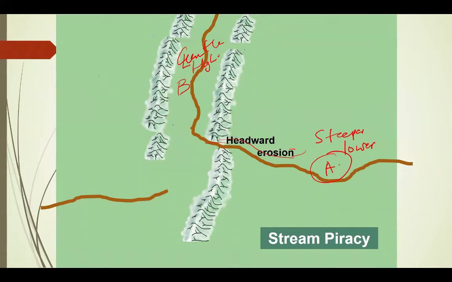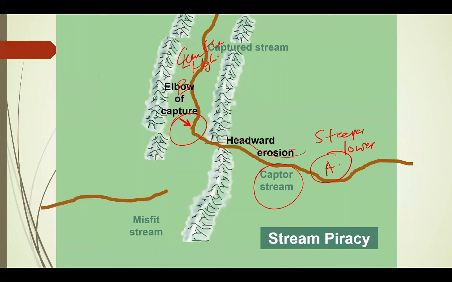And we must be able to label the features of a stream piracy. Number one, this is a point where these streams joined. We call it the elbow of capture. And then this river that has taken water of another stream is called a captor stream. And this stream that has followed the stream that is flowing on a lower lying area is called the captured stream.